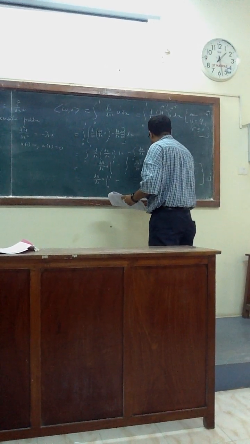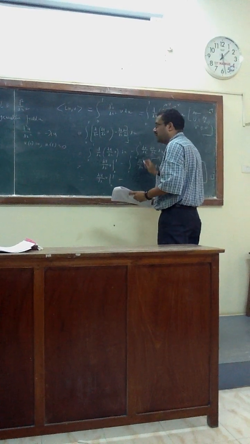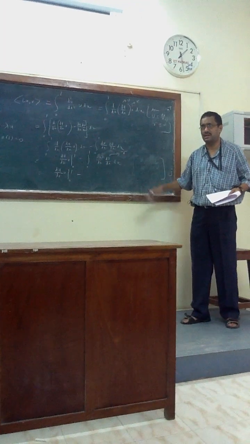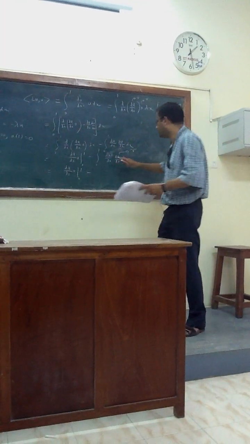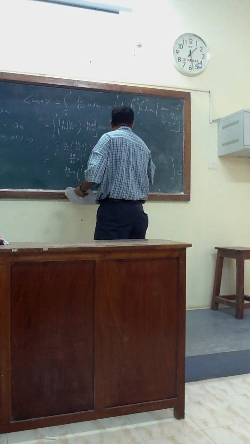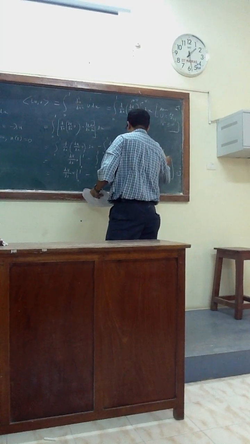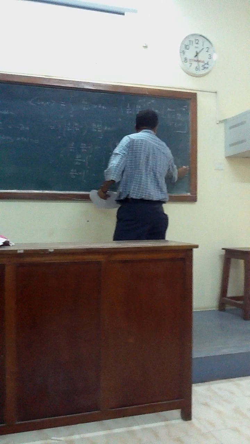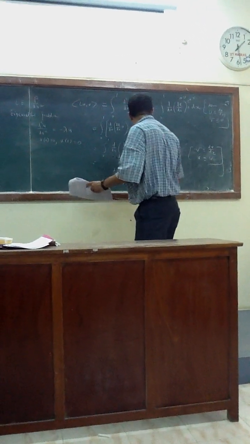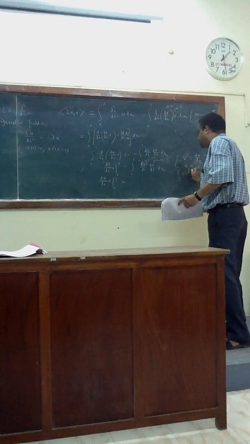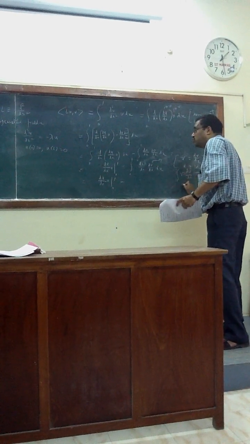So that is fine. Capital B term, so please correct it: dv/dx and u is capital U. Now tell me, what's the formula? Integral of b du/dx equals d/dx of (ub) minus u dv/dx.